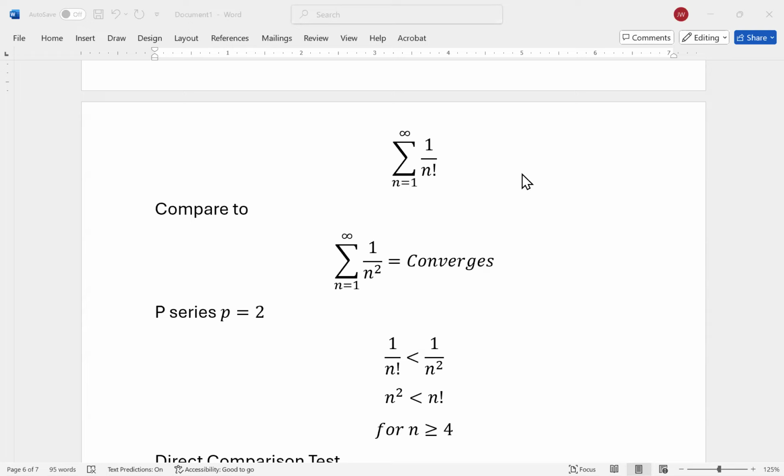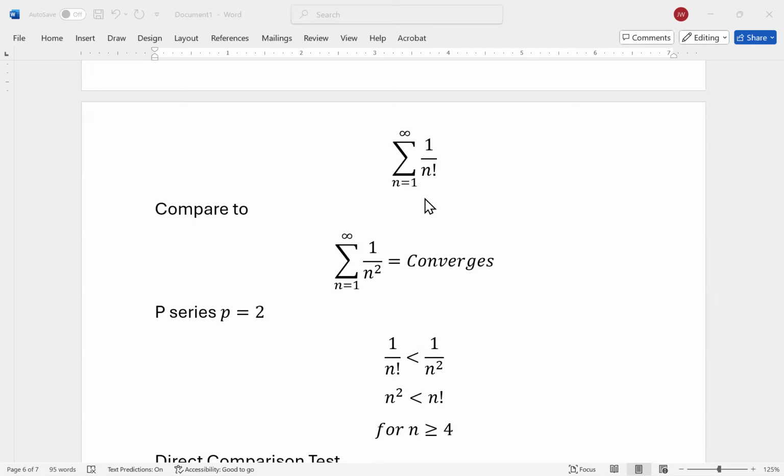However, there are some infinite series where the limit comparison test is not going to be able to be used very effectively. For instance, if I wanted to figure out if the infinite series where I sum up 1 over n factorial from n equals 1 to infinity converges or diverges, the limit comparison test wouldn't be very good.